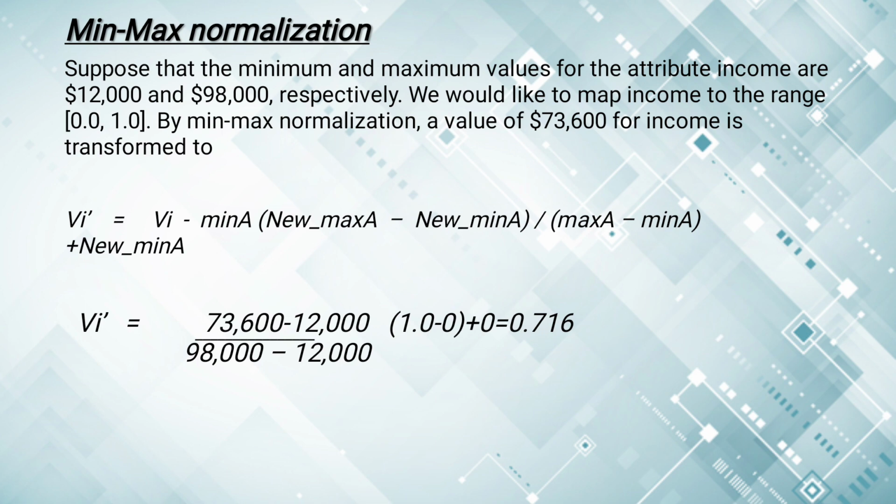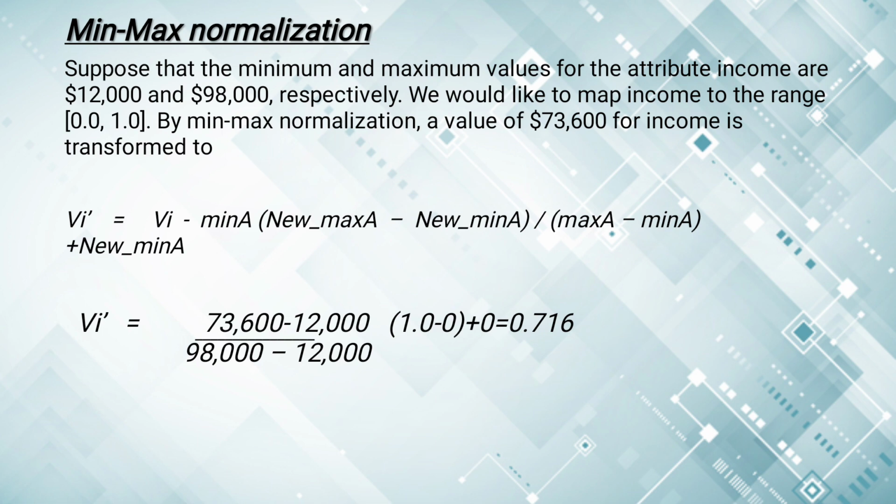We want to convert this data into Vi dash, transformed data: minus minimum of original data 12,000 by maximum of original data 98,000 minus minimum of original data 12,000, into new max minus new min, new max 1 minus new min 0, plus new min 0, which gives the answer 0.716.